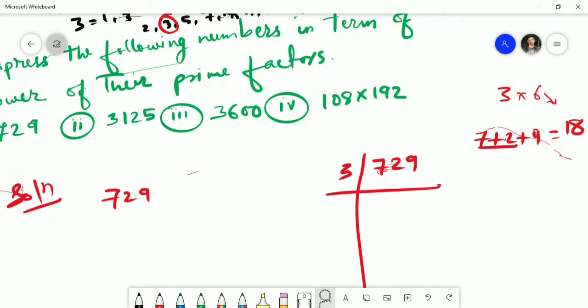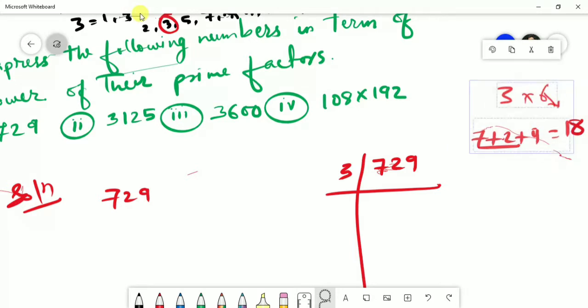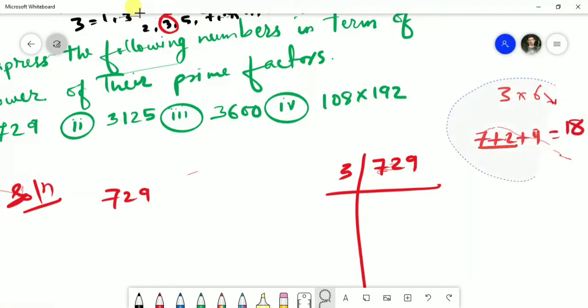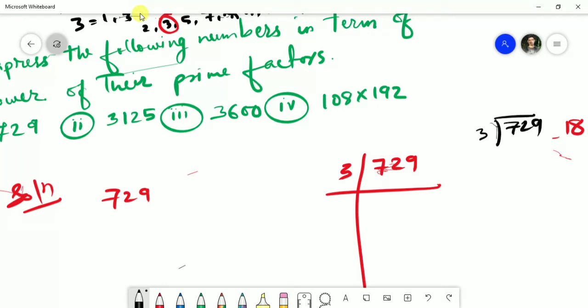Let's do it like this. 3 divided into 729. 3 twos are 6. 7 minus 6 is 1.